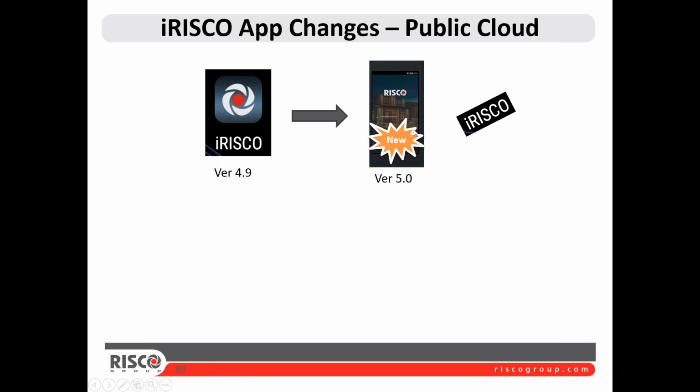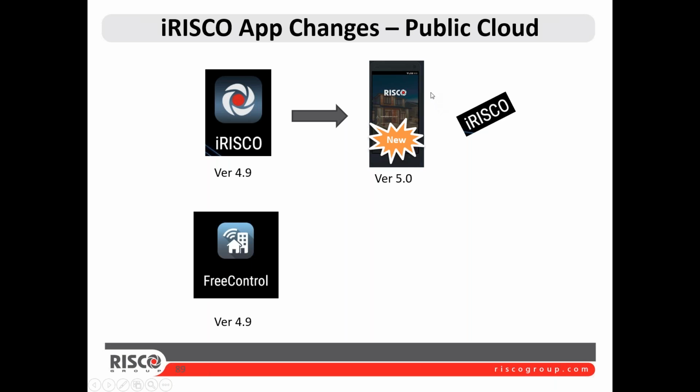And so when they log in, I don't believe the app will be updated the same day as the new cloud. It will actually possibly be a week later. I haven't locked down a specific date yet, but I will try and get an update on that.